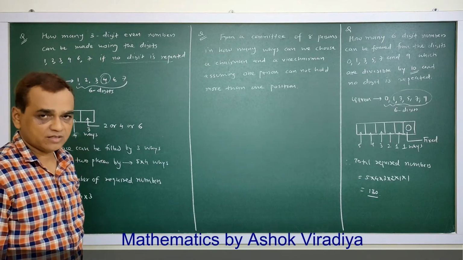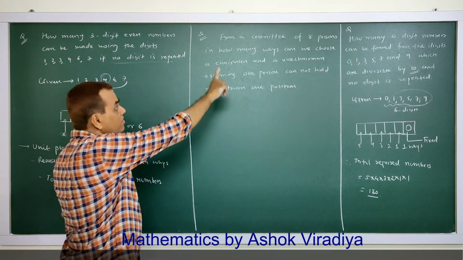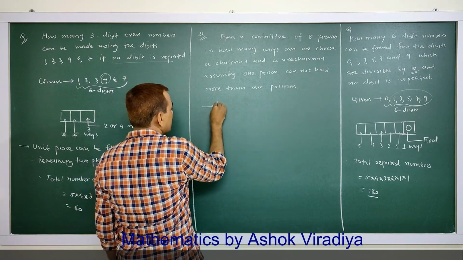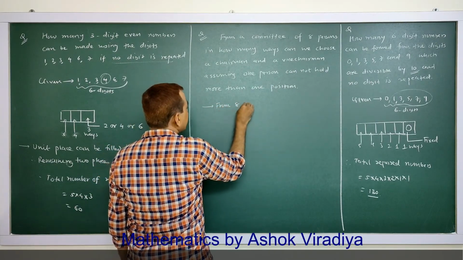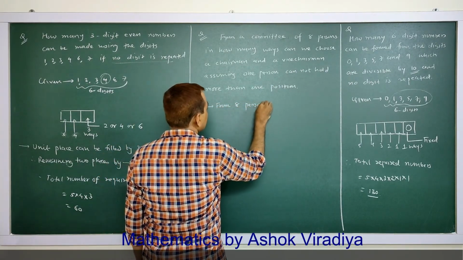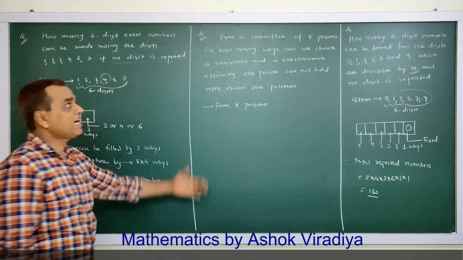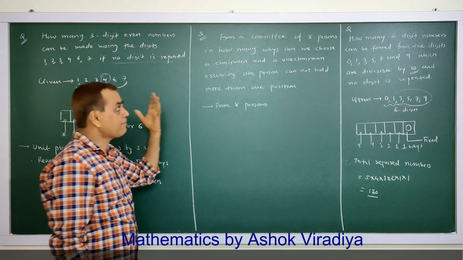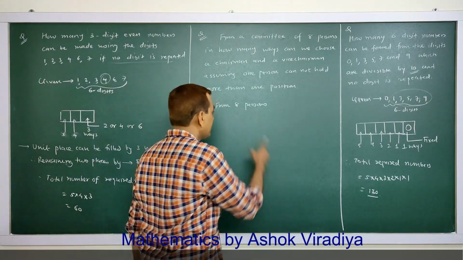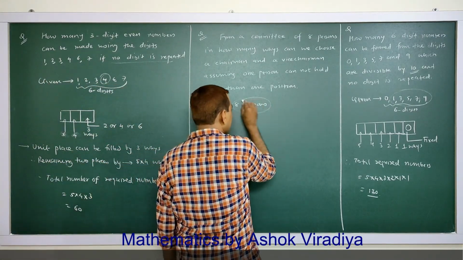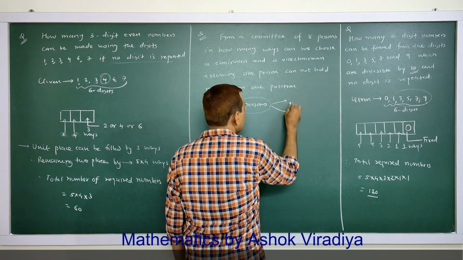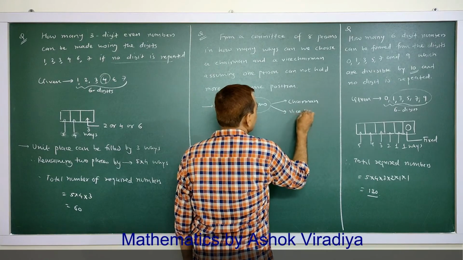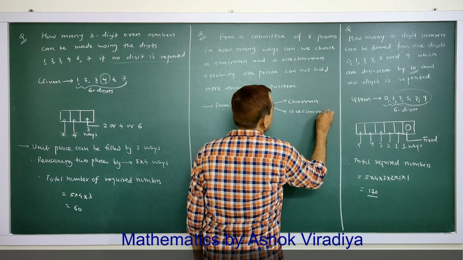Now here, from a committee of 8 persons, in how many ways can we choose a chairman and vice chairman? From these 8 persons, we want a chairman and vice chairman.